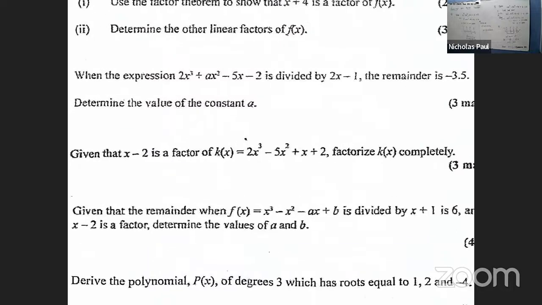All right, let's load it. You see it? Right, when the expression 2x cubed plus ax squared minus 5x minus 2 is divided by this, what's the remainder? Find the remainder, sorry, find A.